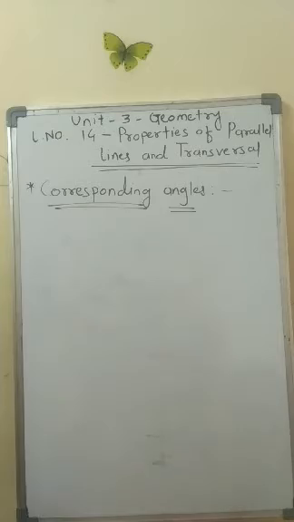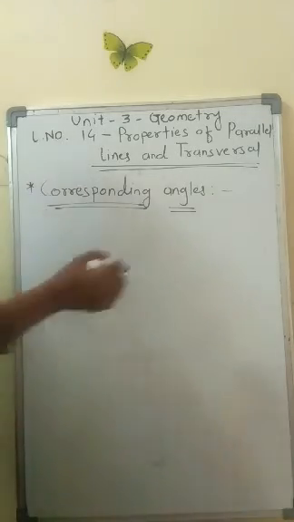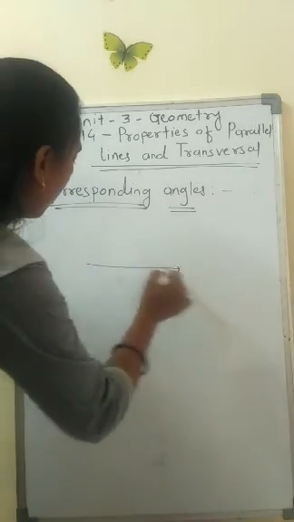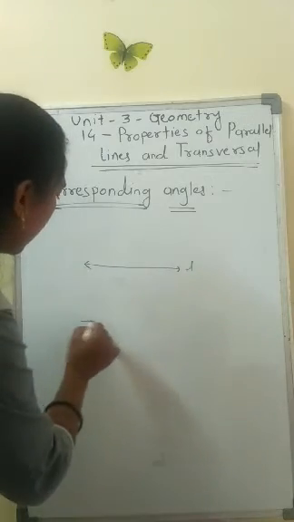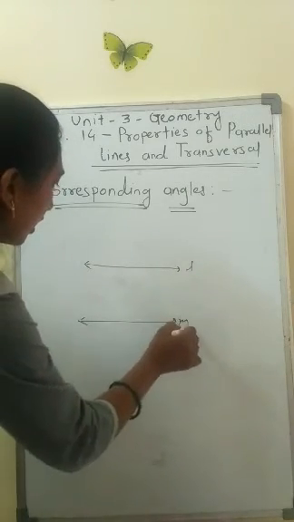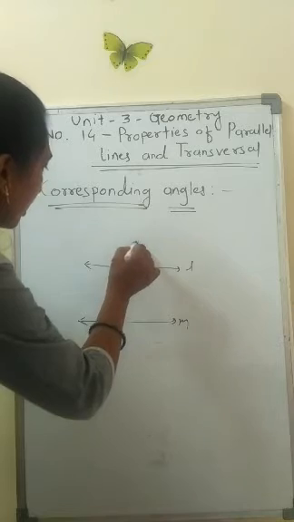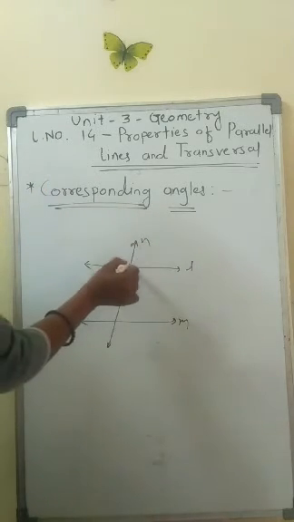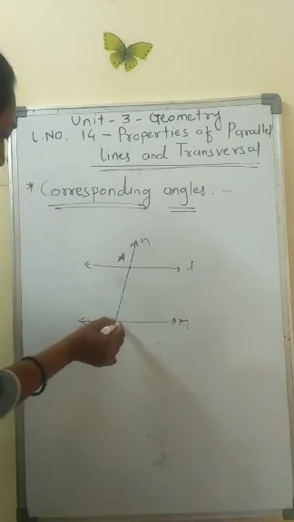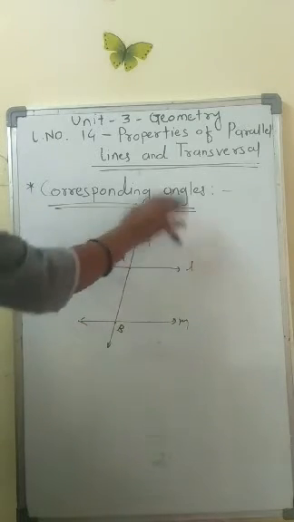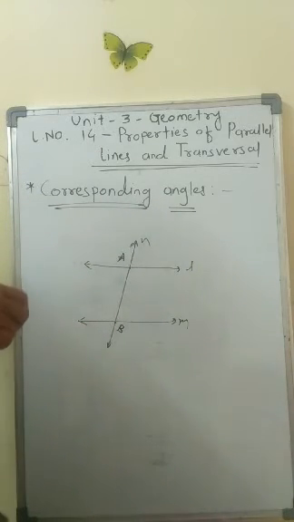Okay, the next type is the corresponding angles. How to form corresponding angles? Look here. If two parallel lines, line here and line here, are intersected by a transversal here in two distinct points, point A and point B, then corresponding angles are formed. But how to get corresponding angles?